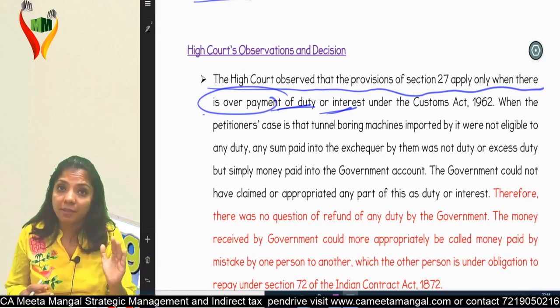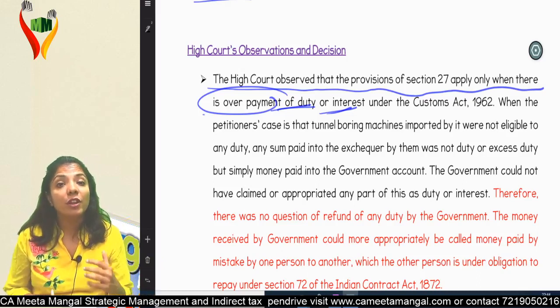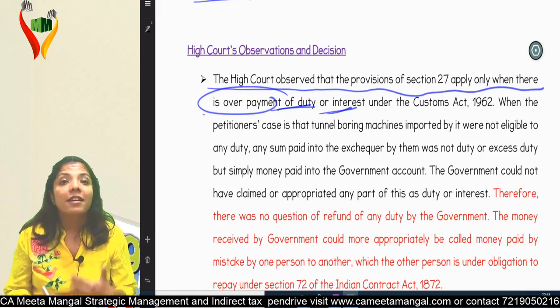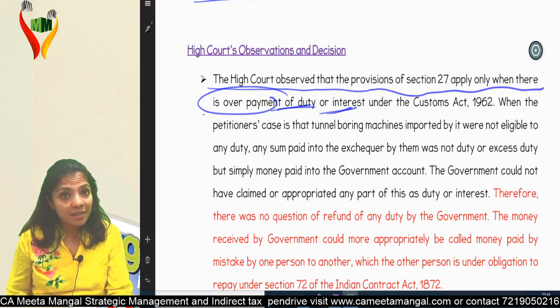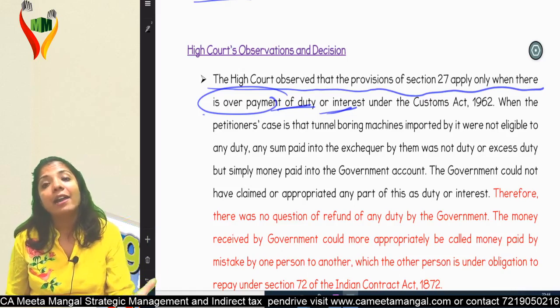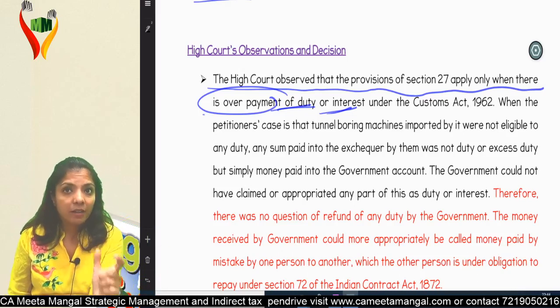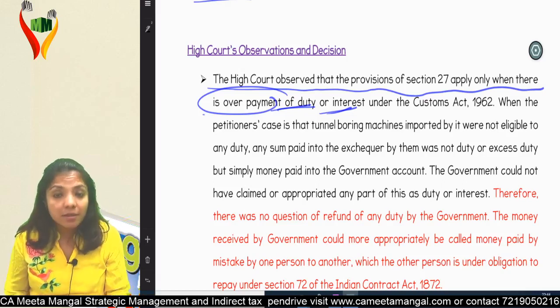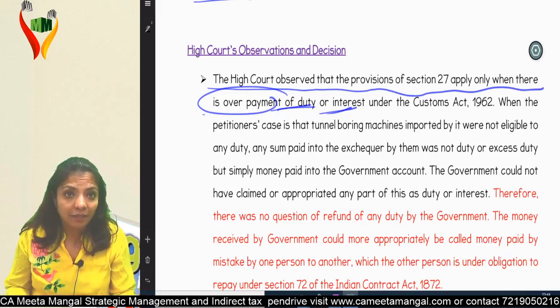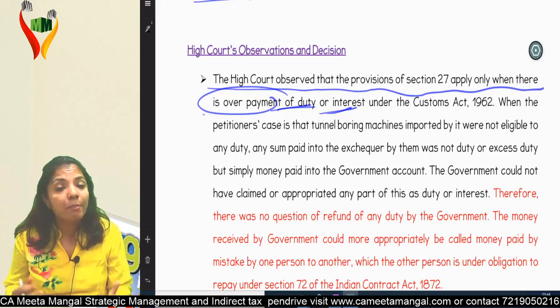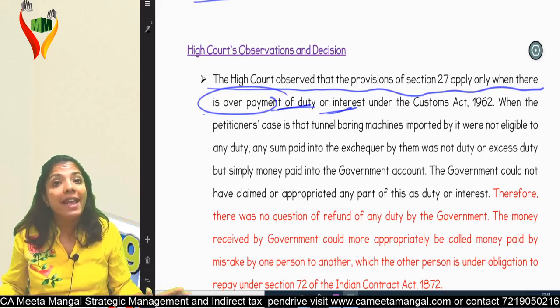Normally, Section 27 says that refund comes when you have paid in excess. That means you have to pay 1 lakh and you have paid 120, then that 20,000 is refund. But here what they're trying to say is, I didn't have to pay anything, because my goods were fully exempted.